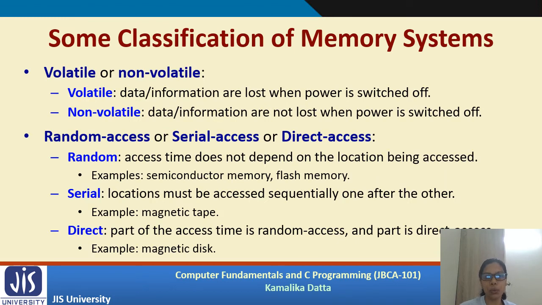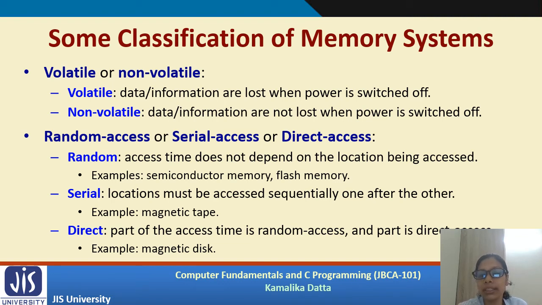So this is what I already discussed with you, that memory classification. We have various classifications. We have volatile and non-volatile memory. What is volatile memory? The data or information is lost when the power is off or switched off, right? So main memory, cache memory, registers are all broad categories of volatile memory.